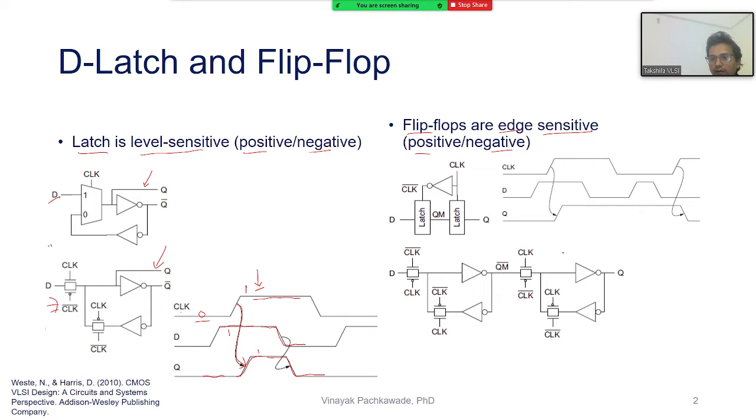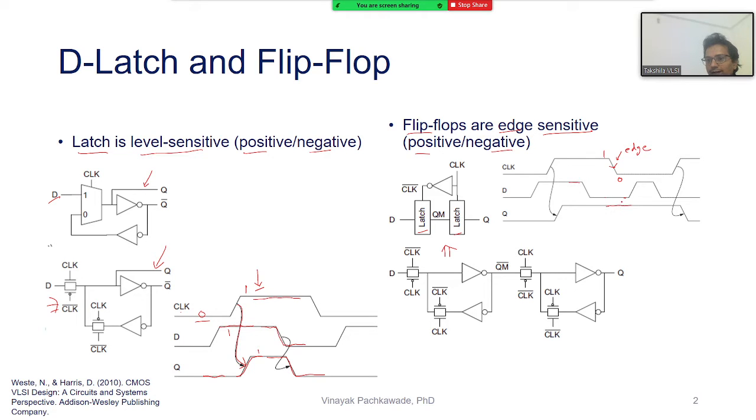On the other hand, look at this flip-flop, we use two latches. Whenever the clock makes a transition from level 1 to level 0, at the edge, as soon as it makes the transition, that word we call an edge, E-D-G-E, edge. So at the edge of the clock, when it falls from 1 to 0, D was previously 1 and now it is 0, but Q is shown to be level 1.